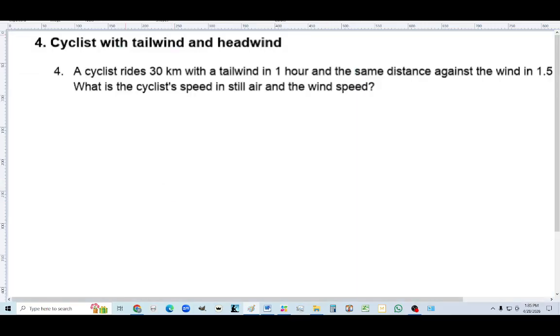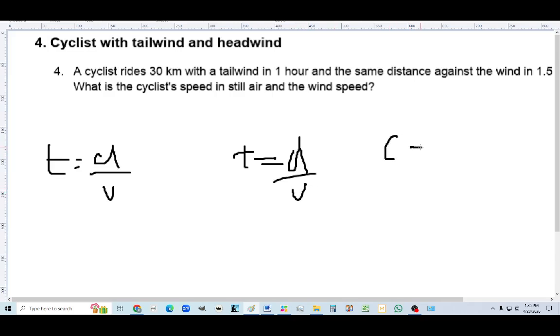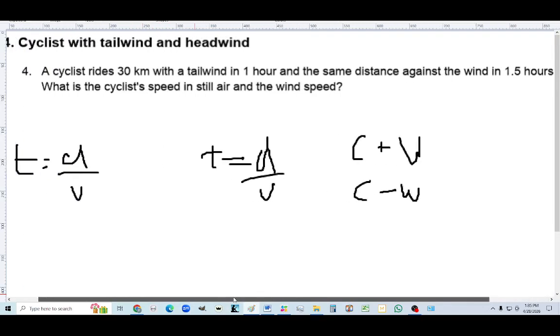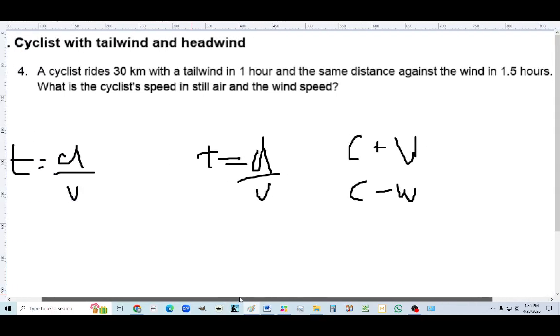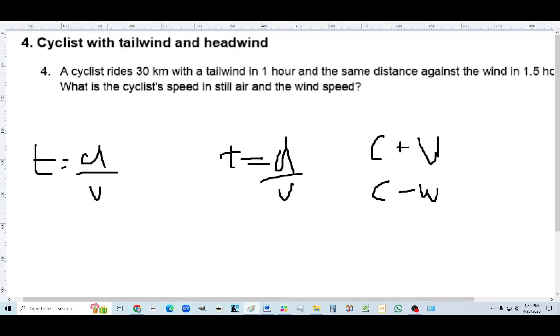So again, we've got to use our formula of time is equal to distance over velocity, and we've got to use it twice, upstream and downstream. In this case, the cyclist with the wind is C plus W and against the wind is C minus W. C minus W will always take the longest time. So we can see his time is 1.5 hours against the wind and 1 hour with. Going to make our life a little easier.